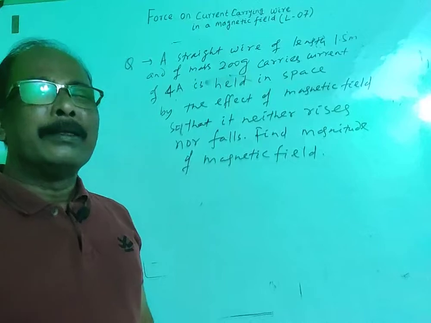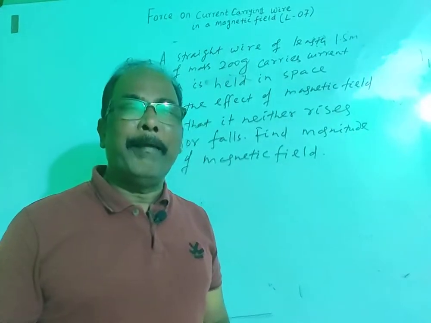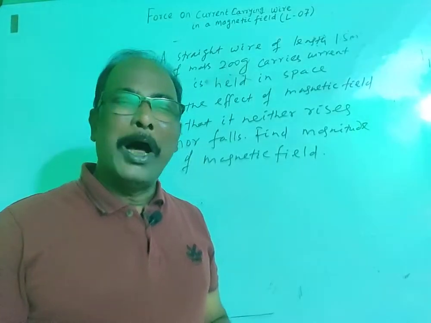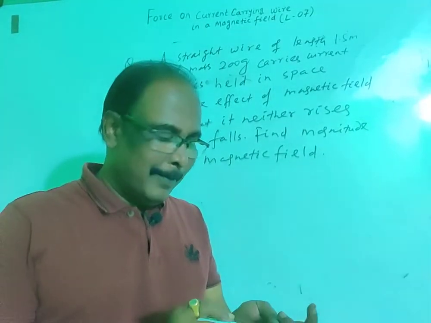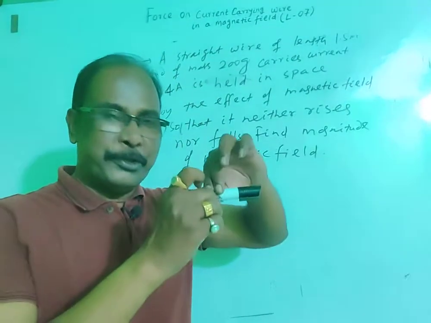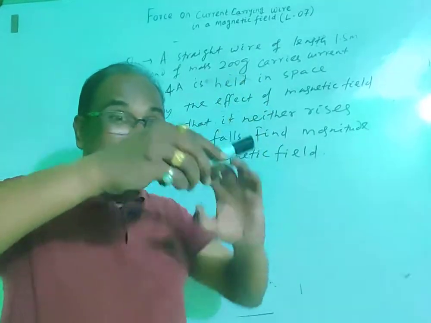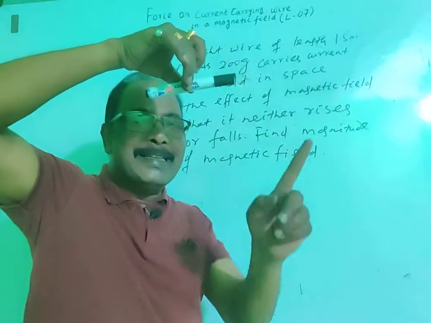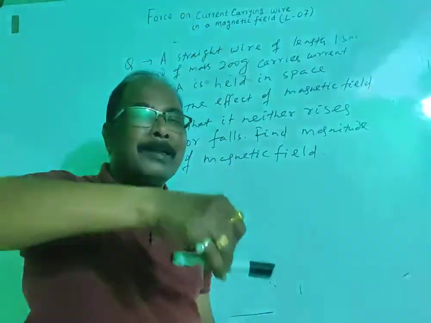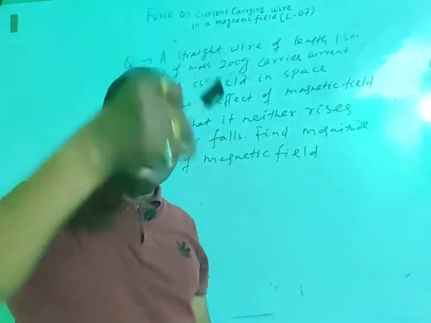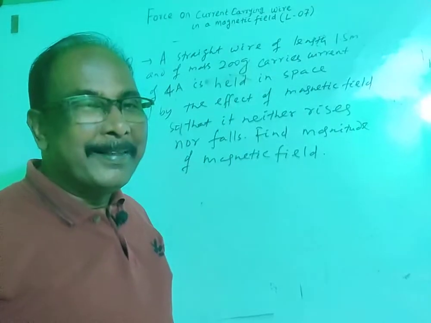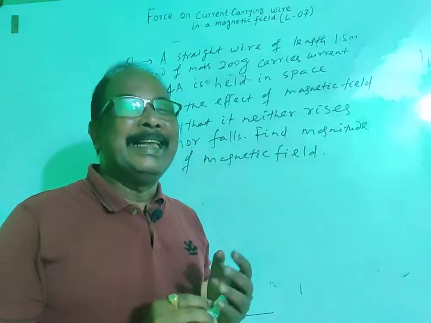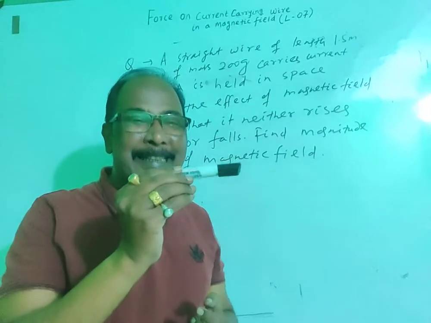Simply, a straight wire of length L and mass M is held in space. I am not holding it, it is just left and it remains in space so that it neither falls nor rises. This current carrying wire is in equilibrium in space.